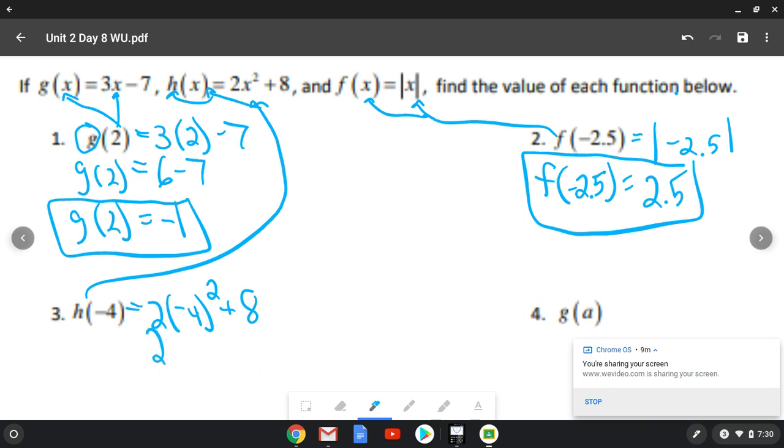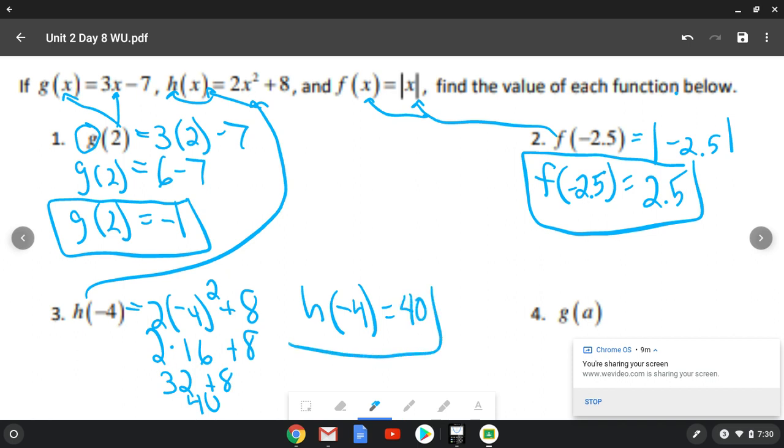So that'd be 2 times 16 plus 8. I do my multiplication before my addition, and in the end, I get 40. So my final answer, if I write it correctly, would be h of -4, stating what number you plugged in for x, and we got out the number 40 when we simplified and evaluated it. So that's our answer for number 3.